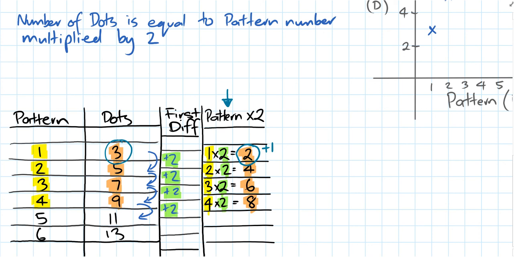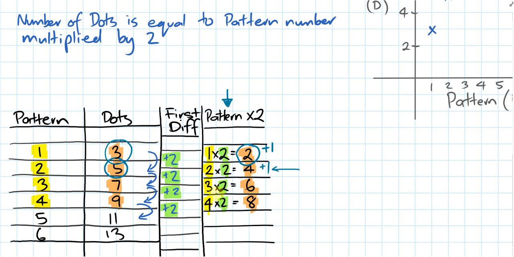Let's have a look at the second pattern. The second pattern number, which is 2, times that first difference, which is also 2. 2 times 2 is 4. If I go back to my original number of dots, I actually need 5 dots in that second pattern. Here I'm only getting 4, so I need to add 1.